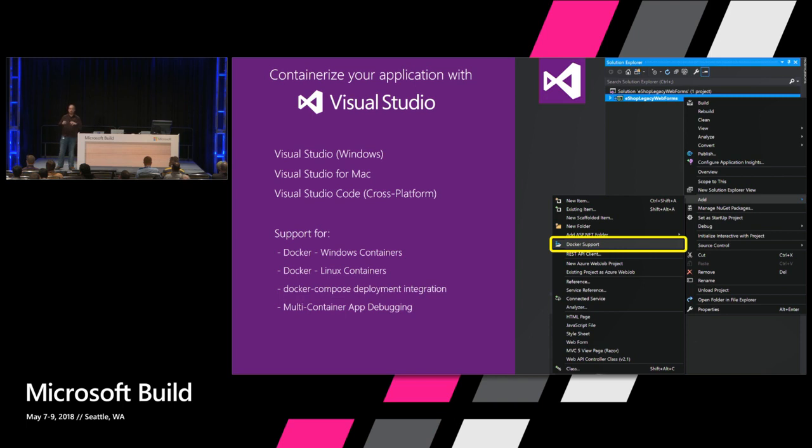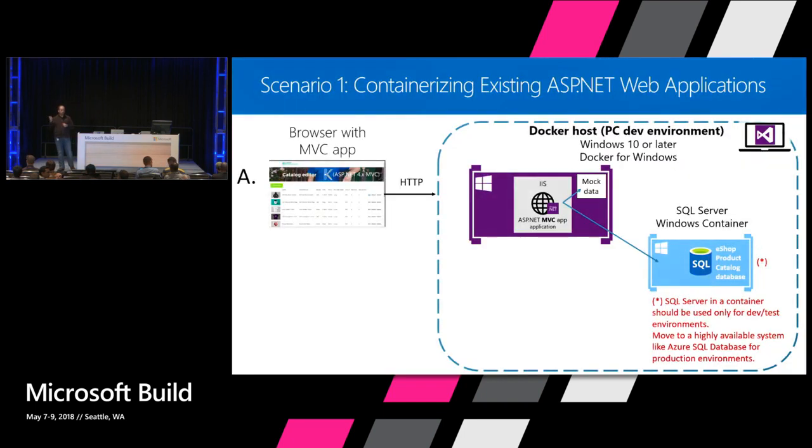It's not just deploying to Docker, but you need to create the Docker image based on those files added by Visual Studio. You could also add those 3 files manually, because they are just text files. So you could copy them if you understand what is in there, and then build the images, right? But Visual Studio helps you. So this is the first scenario. And these apps are in GitHub, so you can grab the code and play with it.